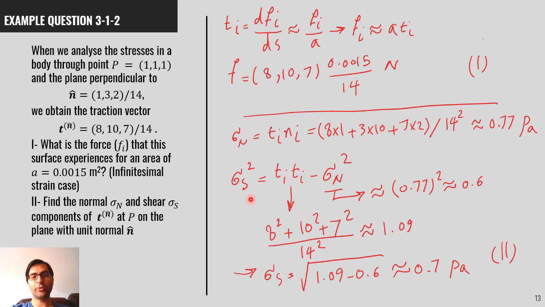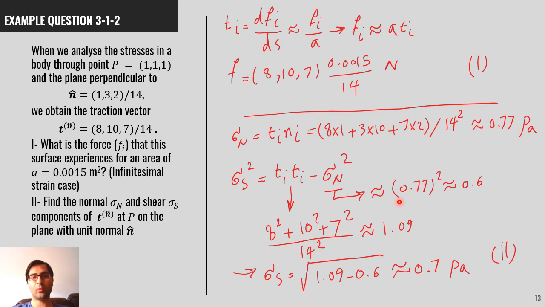For the shear component, we use our trigonometric equation. Sigma s squared is T dot T minus sigma n squared. For sigma n squared, it's approximately 0.6. For T dot T, we have 8 times 8 plus 10 times 10 plus 7 times 7 divided by 14 times 14.